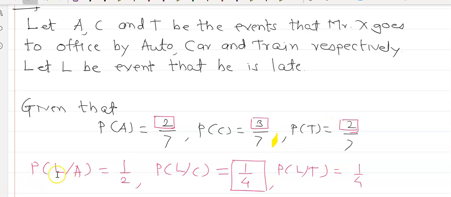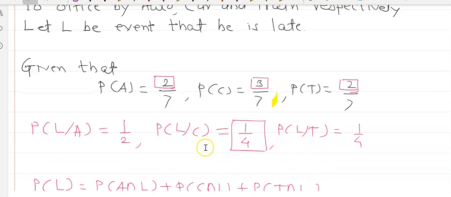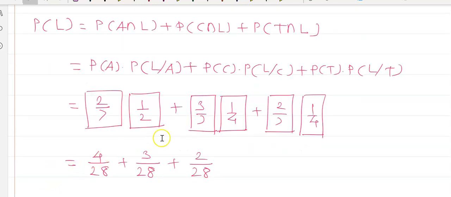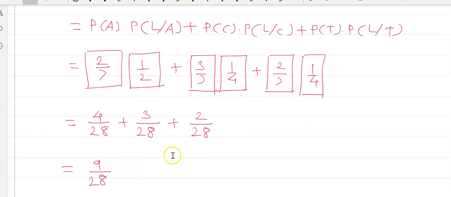Now the late probability, the probability of L conditional, when he goes by auto is 1 upon 2, when he goes by car 1 upon 4, and when he goes by train 1 upon 4. That is the probability of L, that is late. The probability of these, the chances for being late, is equal to 9 upon 28.